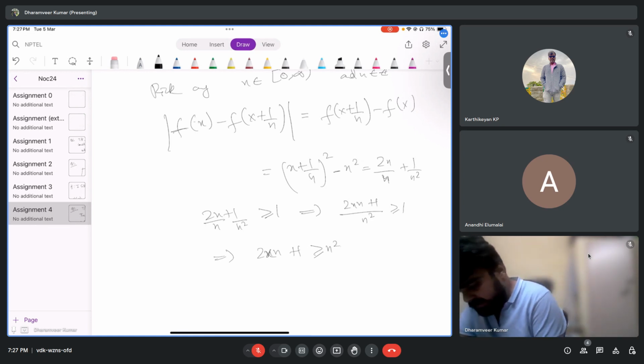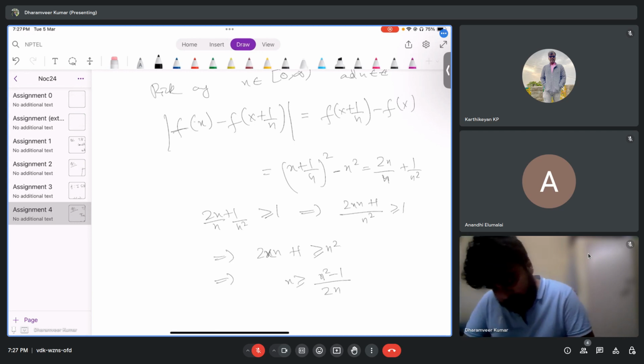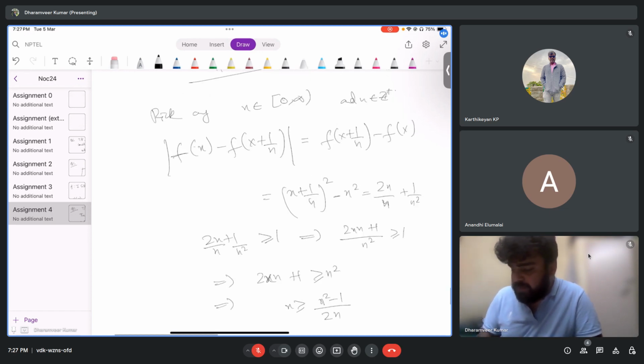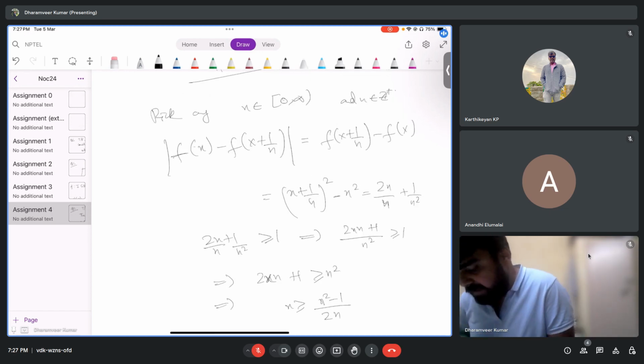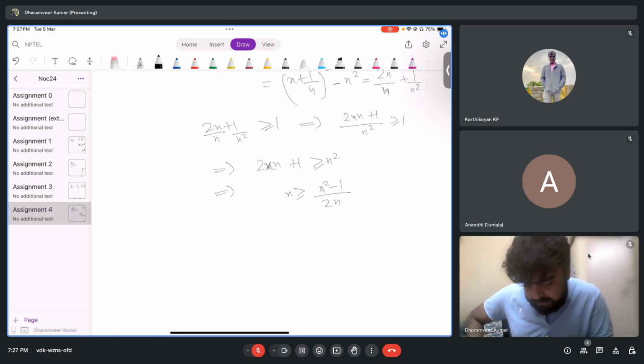Hence, because n is greater than 1, x is greater than n square minus 1 over 2n. So if f of x plus 1 over n minus f of x is greater than 1, then x is greater than n square minus 1 over 2n.